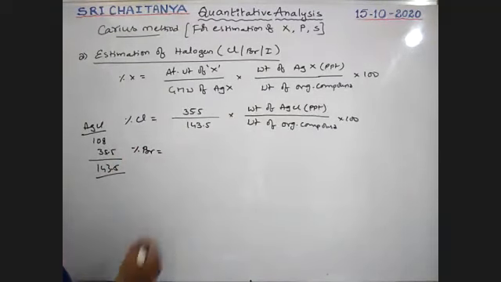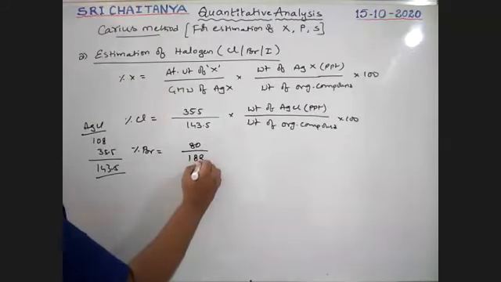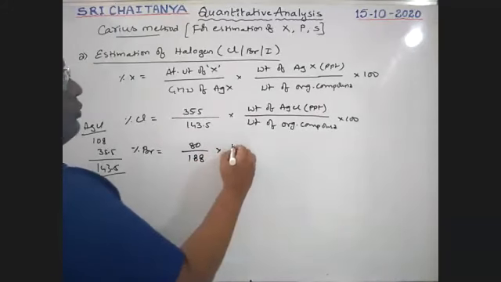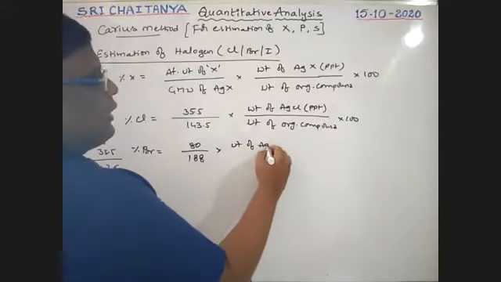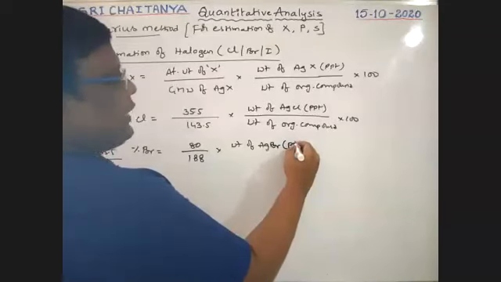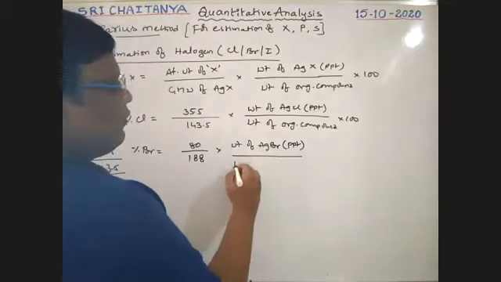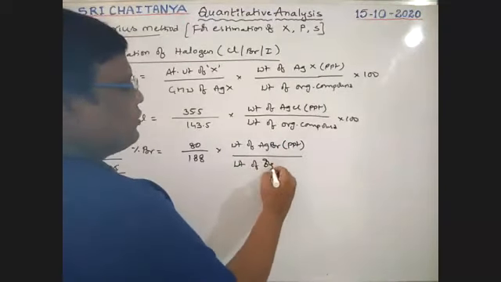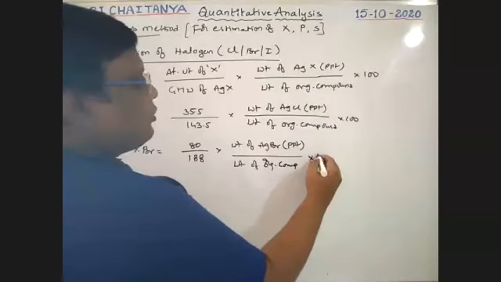Similarly, percentage of bromine is equal to bromine atomic weight 80, by 108 plus 80, which is 188, into weight of AgBr precipitate by weight of organic compound into 100.